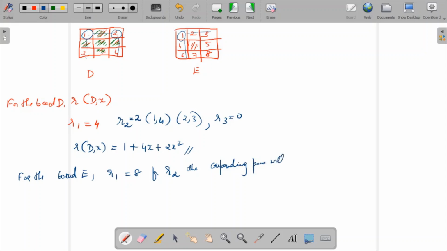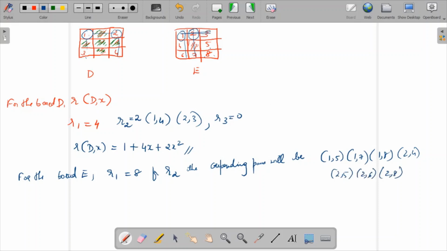This and this is not considered. When you come to 2, the possible pairs are 2, 4, 2, 5, 2, 6, 2, 8.